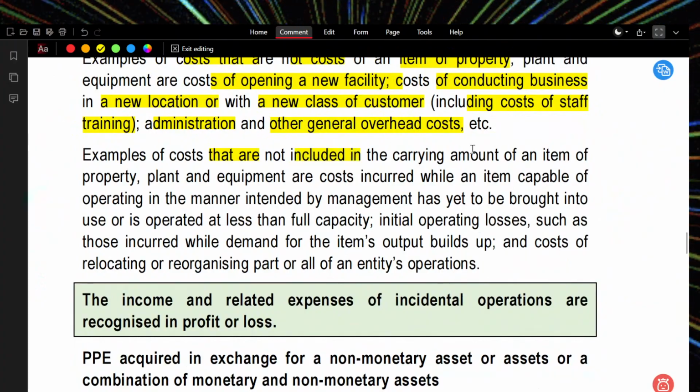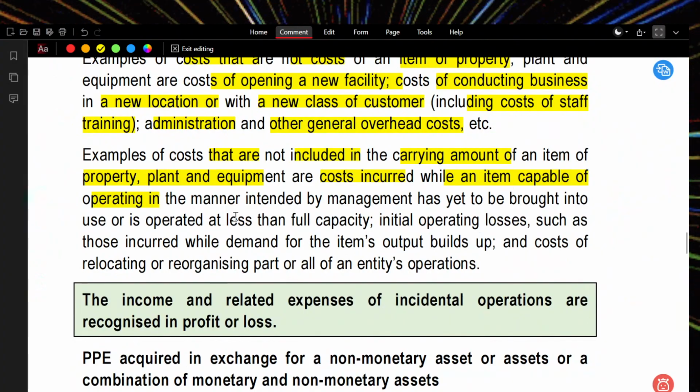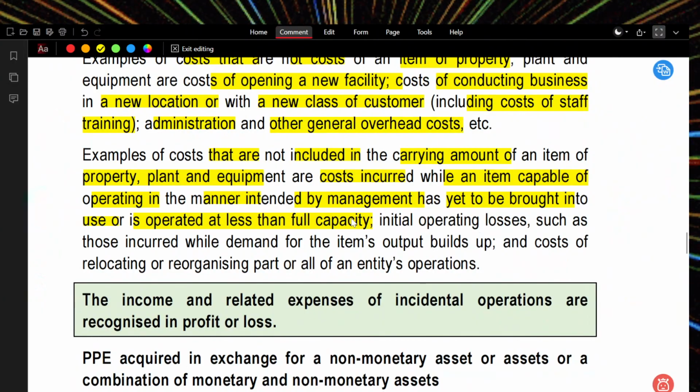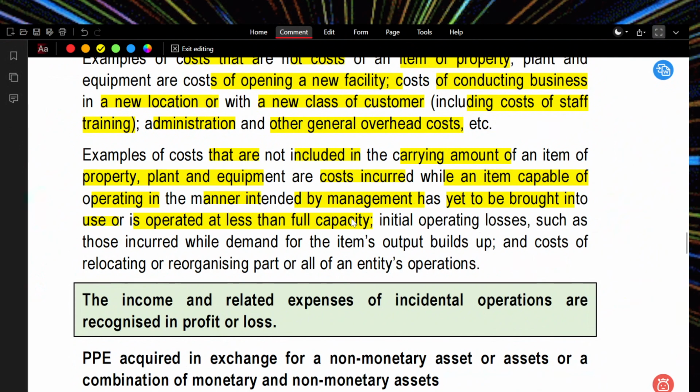Examples of costs that are not included in the carrying amount of an item of plant, property, equipment: the costs incurred when an item capable of operating in the manner intended by management has yet to be brought into use or is operated at less than full capacity. For example, I bought this machine, and its intended purpose is to provide this much output. But unfortunately, even though I bought it, I'm not able to bring it into full production.